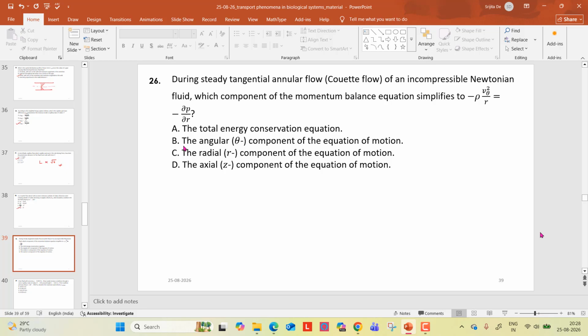So this is the r momentum equation, because the r momentum component considers this centrifugal force term.